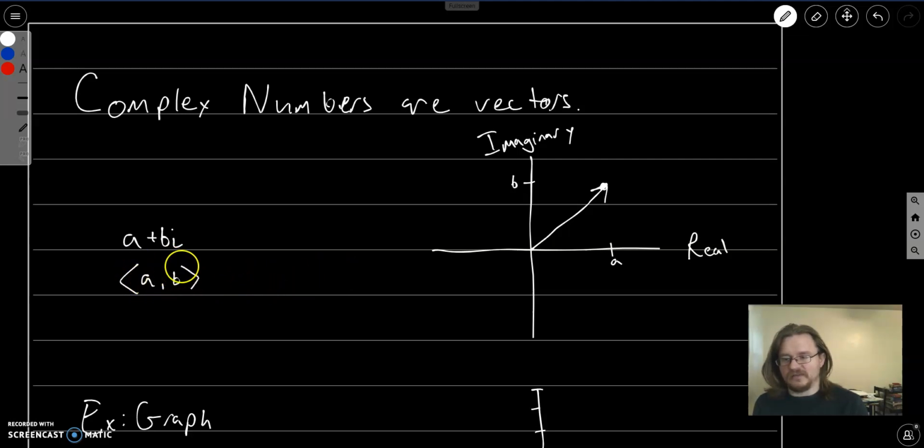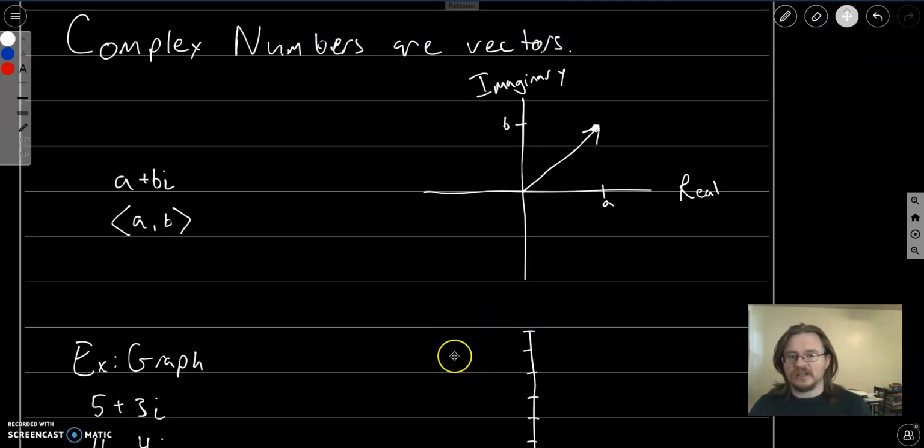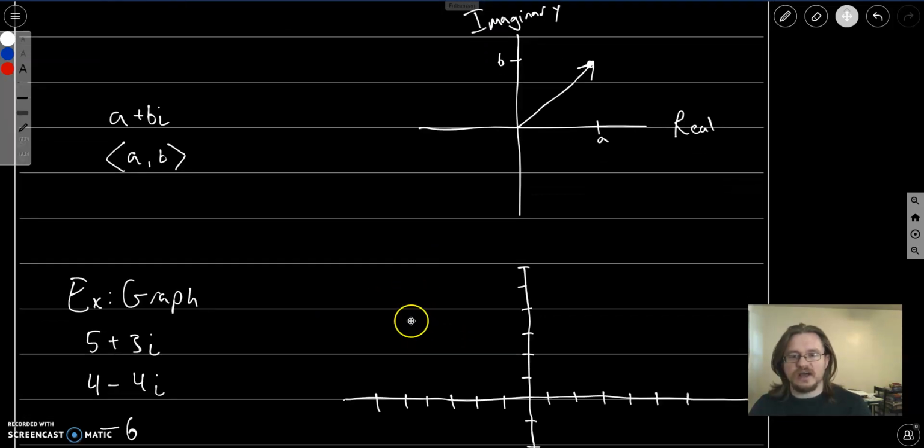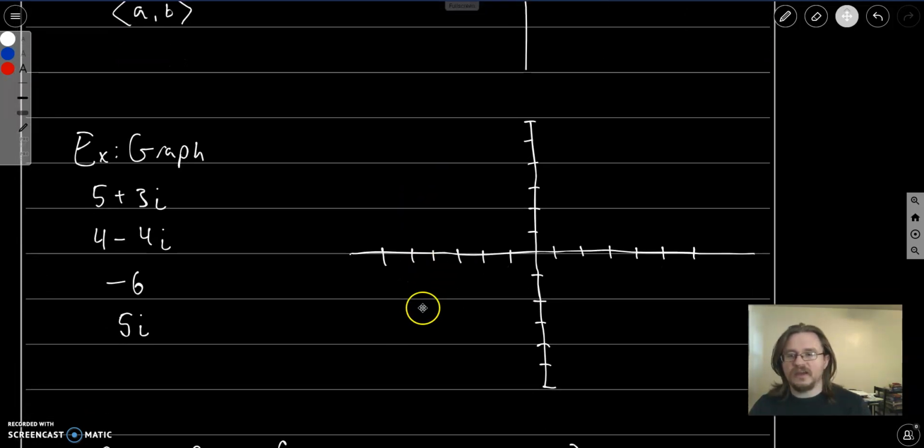We can think of this as the vector AB. And that's all there really is to thinking about complex numbers as vectors. But then we will be able to do a lot with this. We didn't have a chance to get to very much this semester, but it's important to be able to see this very briefly. So let's graph a few of these vectors.